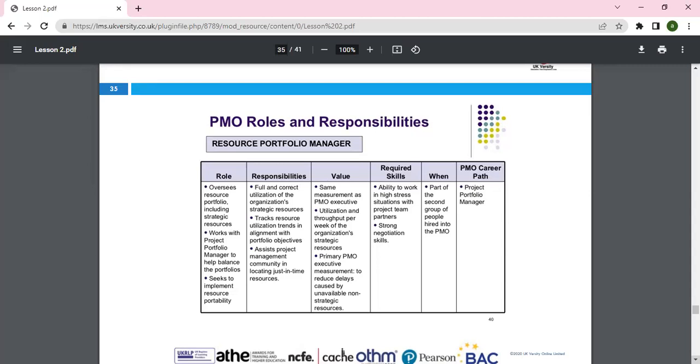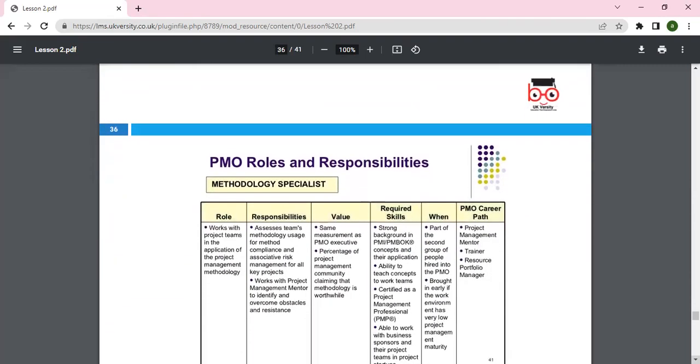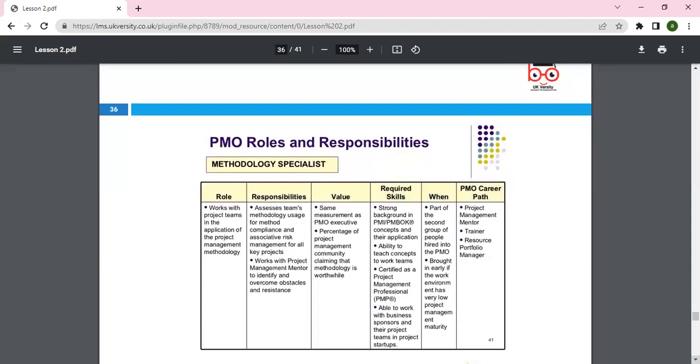It's a required skill. Of course, we can look at the role, the job description and personal specification, which should be matched, and the career path can be project portfolio manager. PMO roles, methodologies and specialists can be one of the roles, and we can look at the work.